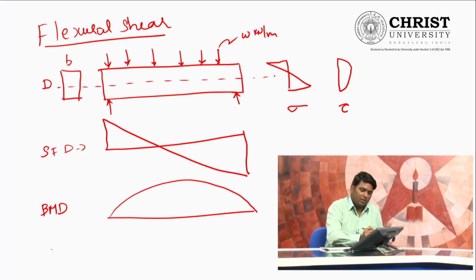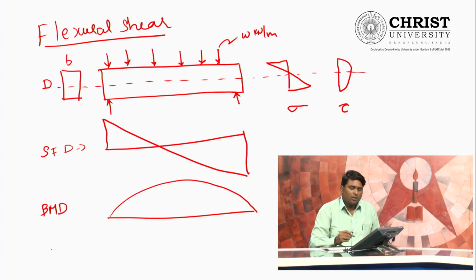We have already said the variation of shear force and bending moment is along the length, but normal stress and shear stress distribution is along the length as well as the depth. This is the neutral axis.